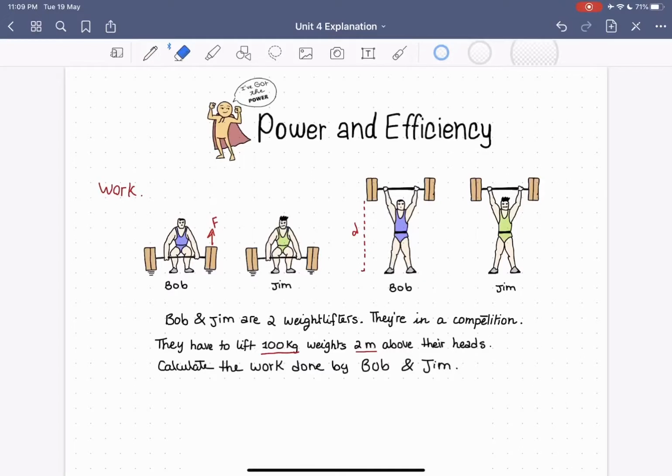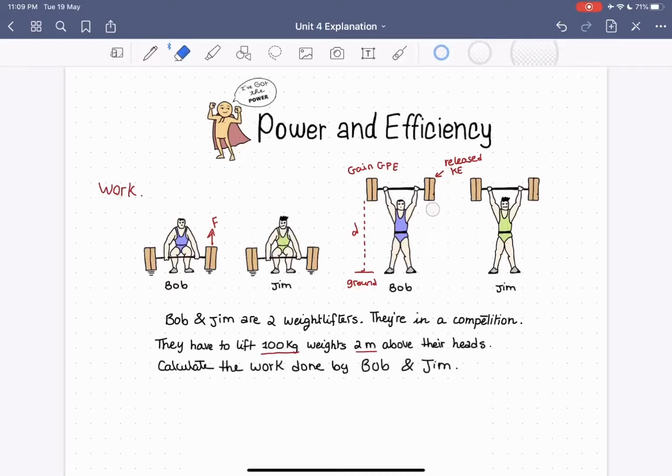We also know, from before, that when an object is lifted above ground level by a specific height, the object gains an energy called gravitational potential energy. The moment this object is released, the gravitational potential energy is converted to kinetic energy, and so the weights will fall downward.